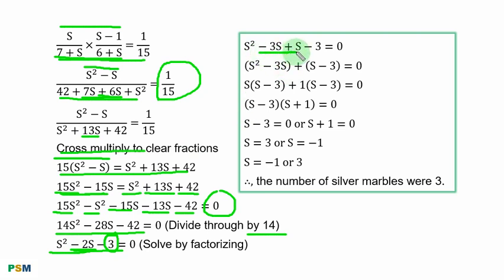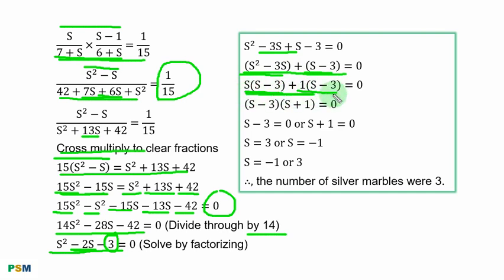The terms are now 4. You factorize by grouping. From this group, you factor out the common term. From this group, nothing is common, so you factor out 1.